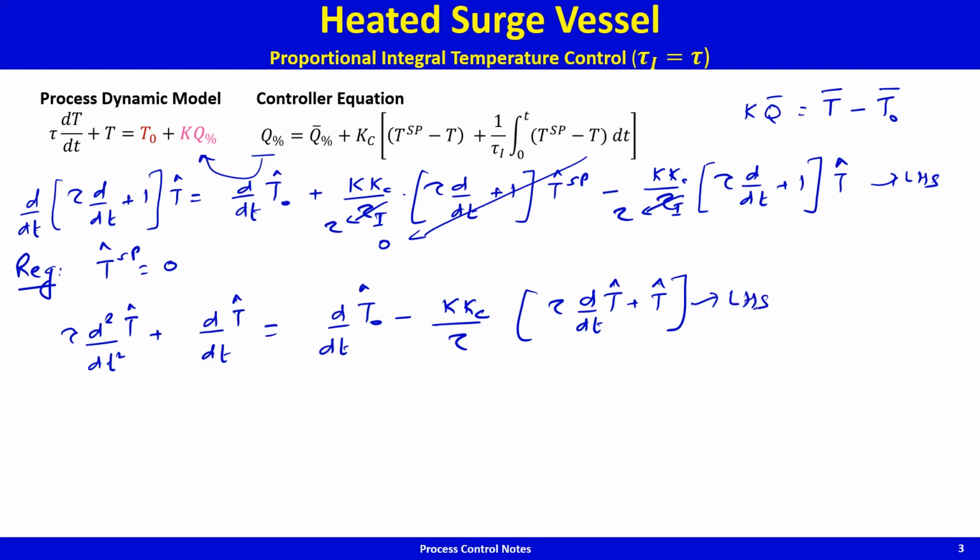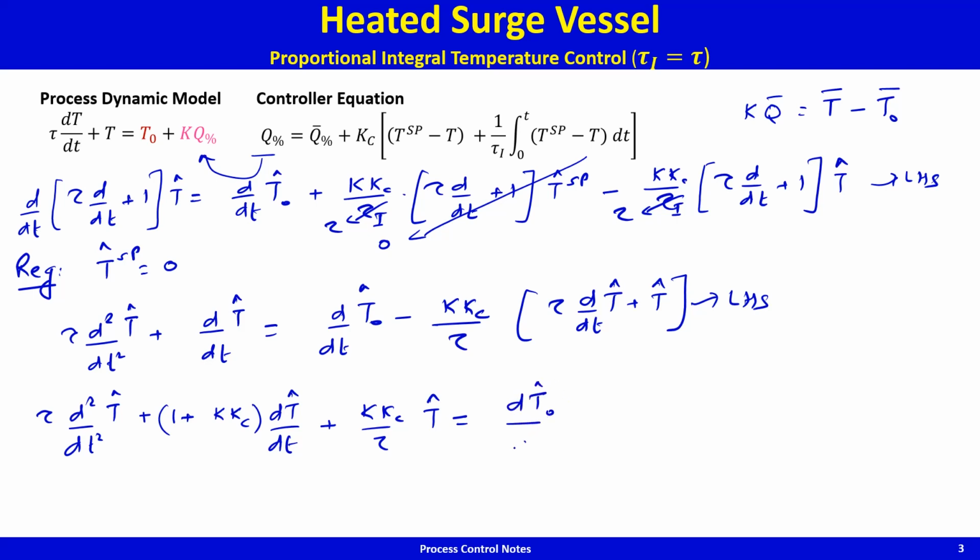If you take it to the LHS, then what we get is tau second derivative of t tilde, one plus kc by tau into t tilde, that's equal to dt naught tilde by dt.